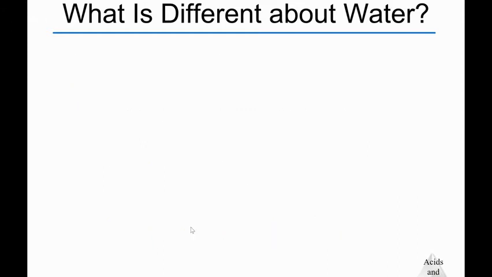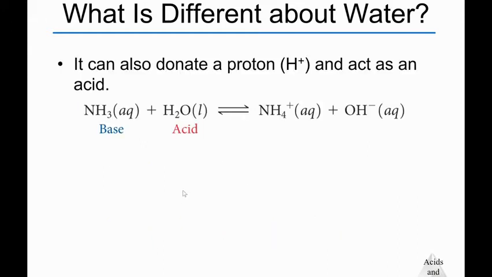Now, in the next example, we see that water is behaving as the Bronsted-Lowry acid because it's donating a proton to ammonia, which is NH3. And so we're forming ammonium, a polyatomic ion, and hydroxide. Literally what's happening is water is donating that proton to the ammonia, and we're increasing the hydroxide concentration in that solution.